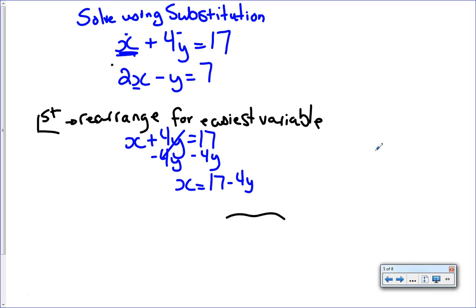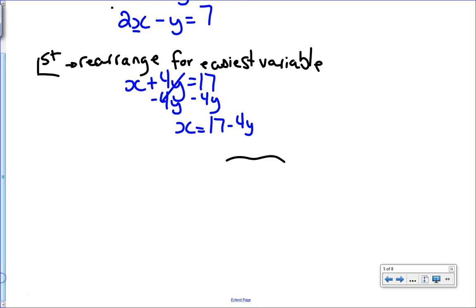My second step: the second thing I need to do here is substitute that rearranged equation into the other equation.